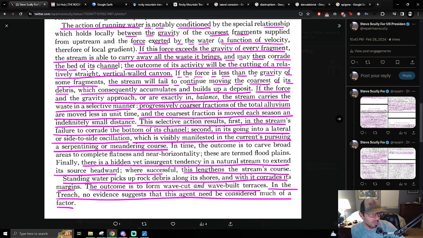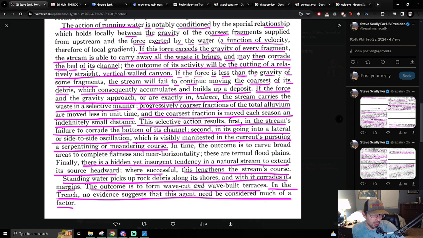The action of running water is notably conditioned by the special relationship which holds locally between the gravity of the coarsest fragments supplied from upstream and the force exerted by the water, a function of velocity. So the force is a function of velocity, which is a function of the pressure behind it, effectively.